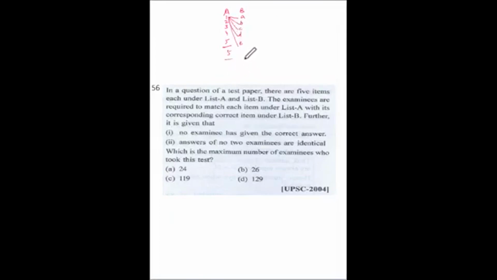Then 1 is occupied in B, then the second in 4 ways, then 3 for the third, then 4th, 2 and 1. So this is the total number of ways A can associate with B. So this comes 5 into 4 into 3 into 2 into 1, 120 ways.